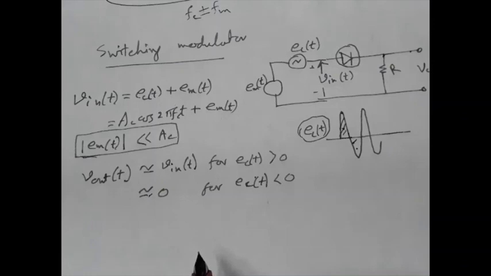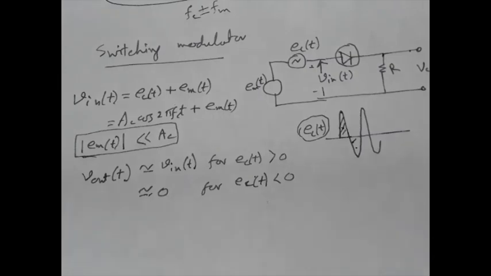Thus, assuming the modulating wave to be weak compared with the carrier wave, we have effectively replaced the nonlinear behavior of the diode by an approximately equivalent piecewise linear time varying operation.